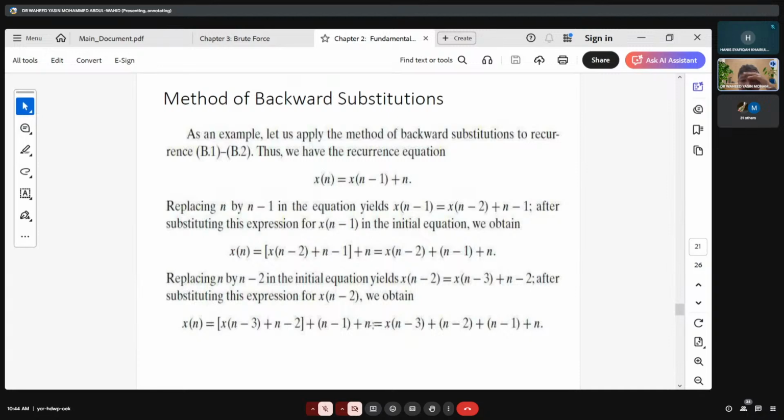So when I get this one, I get xn minus 3 plus n minus 2 plus n minus 1 plus n. Okay? So here we got a pattern.